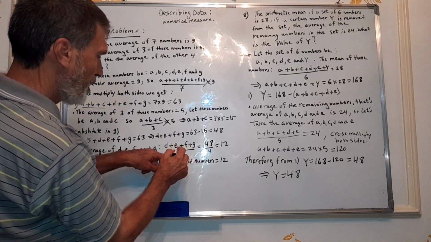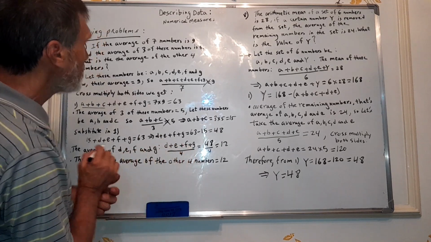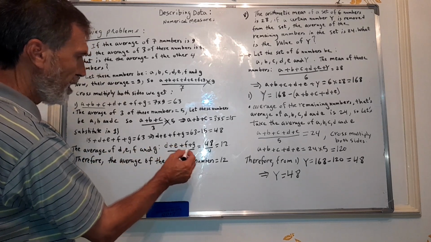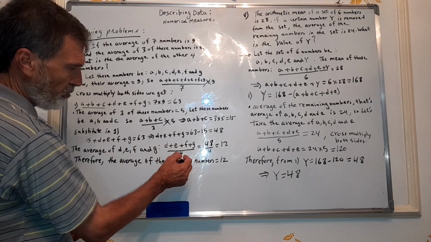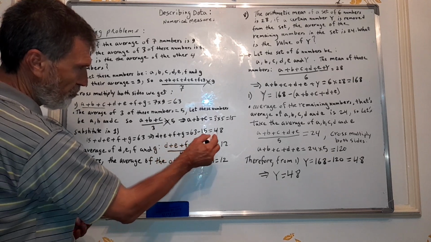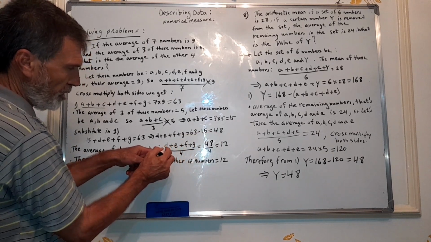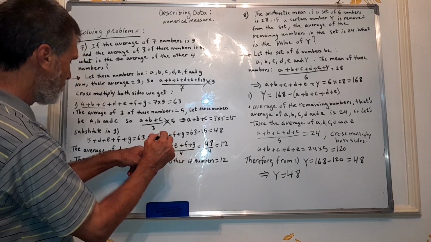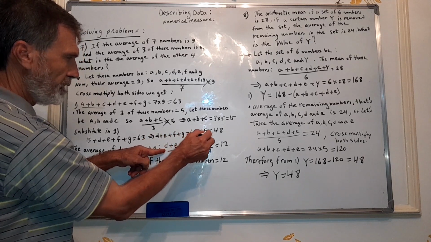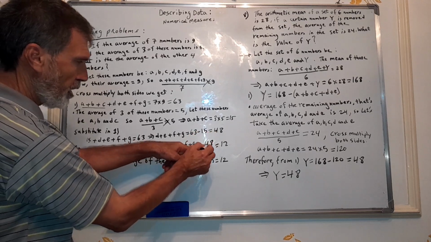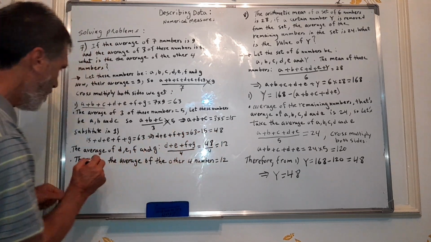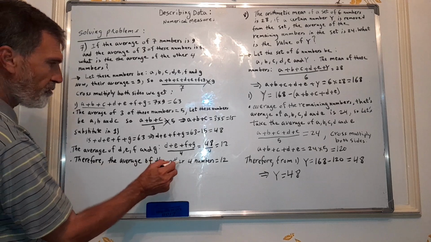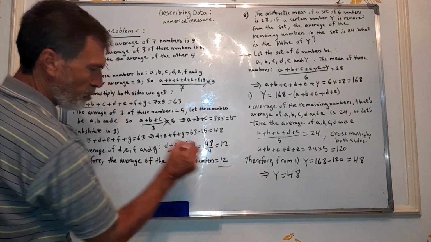Now, I sum them over 4. The sum of them is given as 48. So instead of D plus E plus F plus G, I put the value from the previous solution, 48. So I get 48 over 4, I get 12. So now, the average of the other 4 numbers is equal to 12.